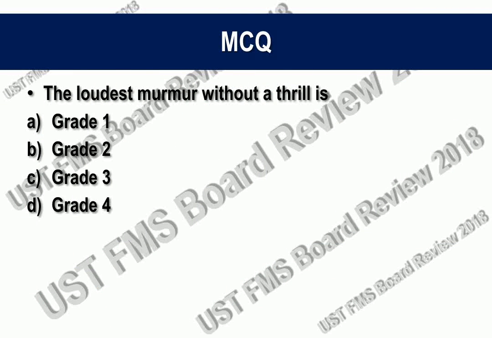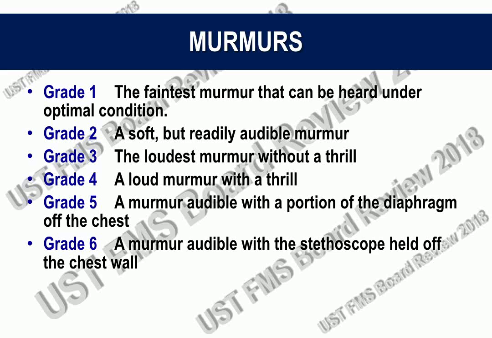Multiple choice question. The loudest murmur without a thrill is what? Yes, this is the grade 3 murmur. Okay? So you have to remember the classification of your murmurs. It's classified from grade 1 to grade 6.